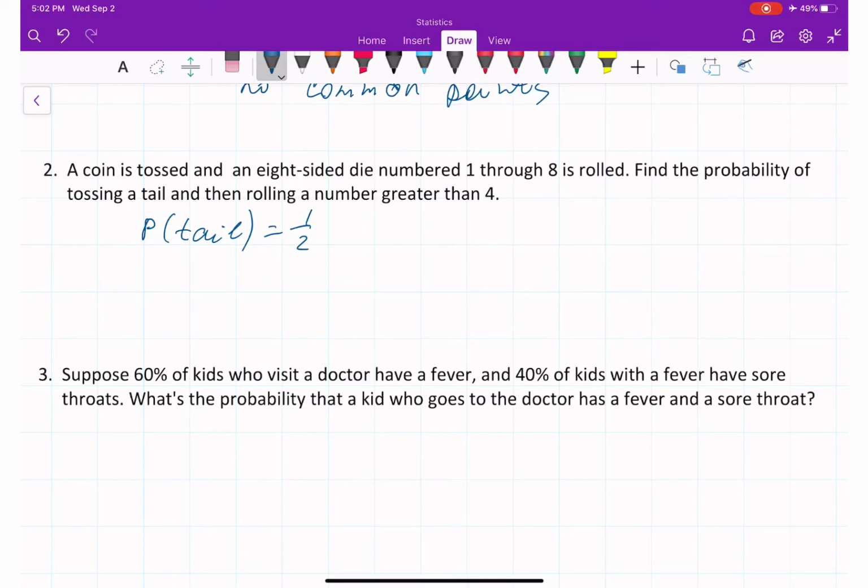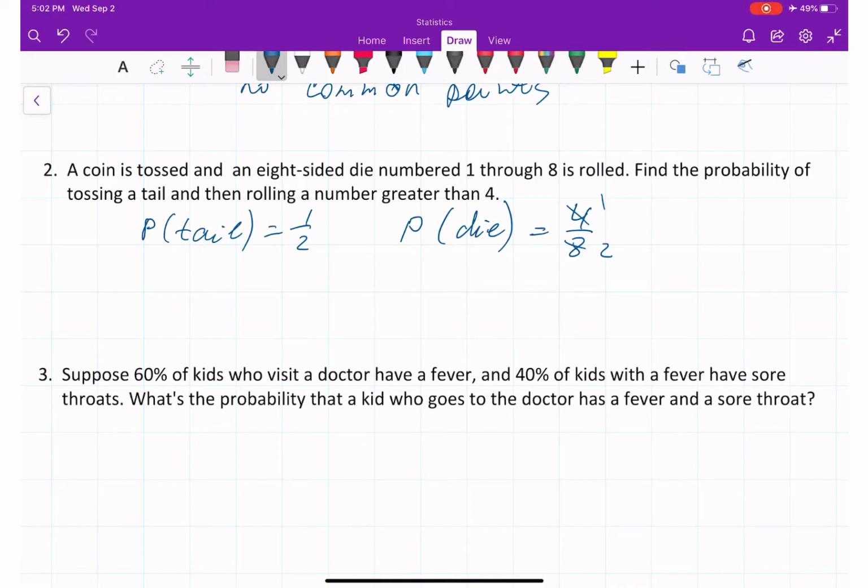It has nothing to do with the value 4. It's just 4 cases: 5, 6, 7, 8. So the probability for the die is going to be 4 out of a total of 8, which is 1 over 2.